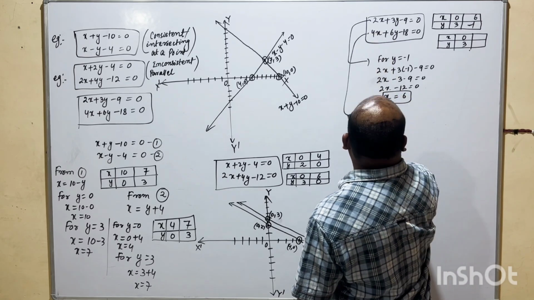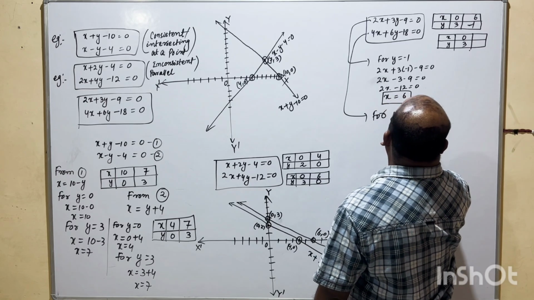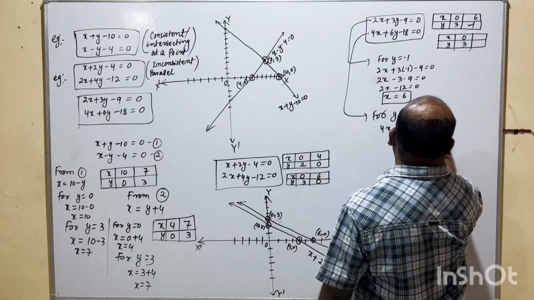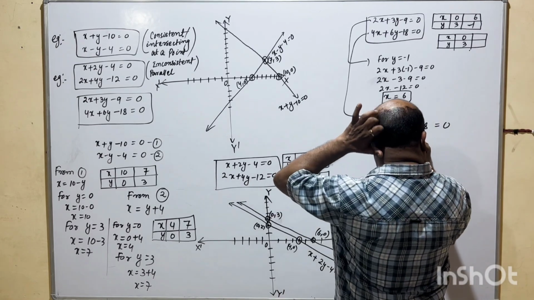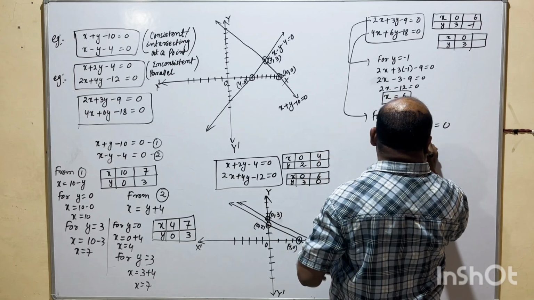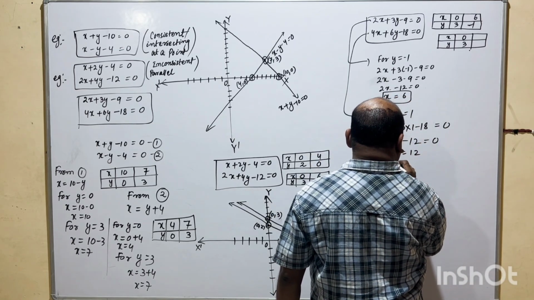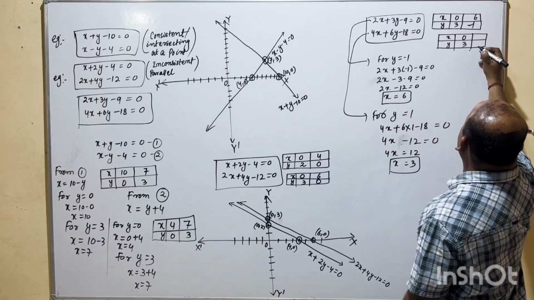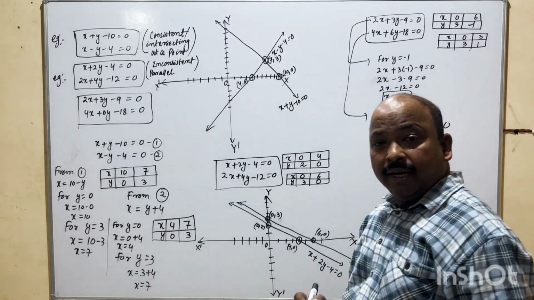For this equation, y is equal to 1, 4x plus 6 into 1 minus 18 is equal to 0, 4x plus 6 minus 18 is equal to 0, 4x is equal to 12, x is equal to 3. So it is y 1, x 3.